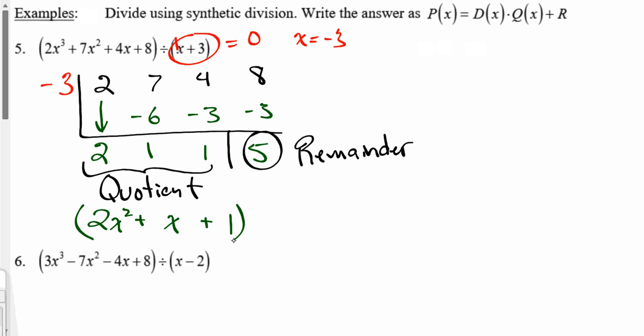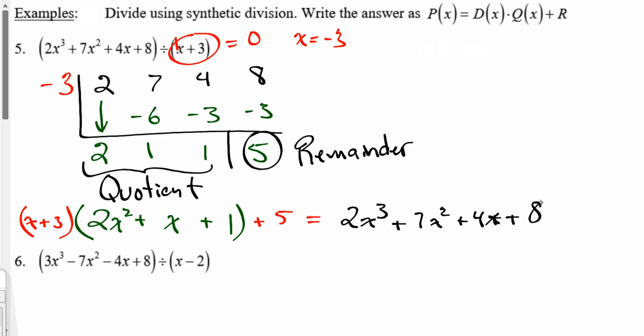So there's my quotient. My divisor was x plus 3. Make sure it's in brackets, plus my remainder, which is 5. This equals my original polynomial, 2x cubed plus 7x squared plus 4x plus 8. And I stop and give you time to write.